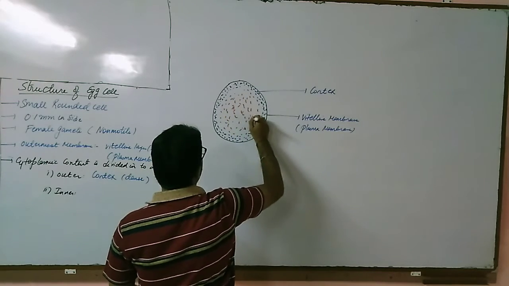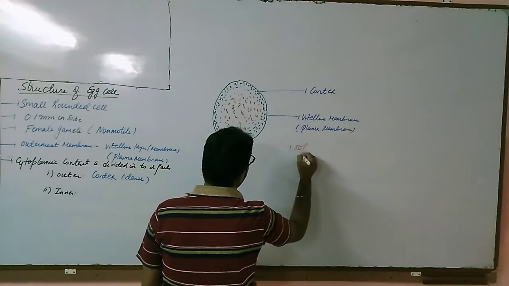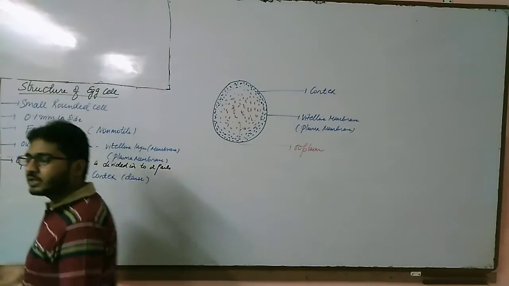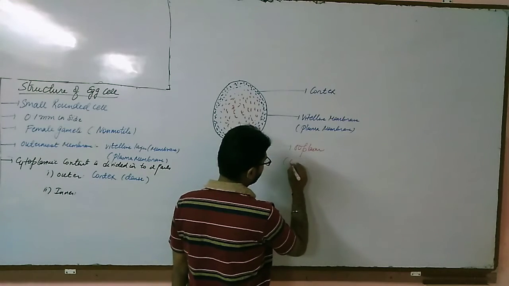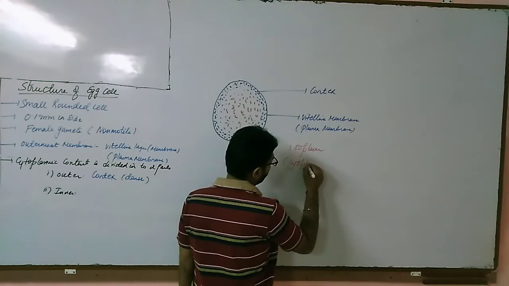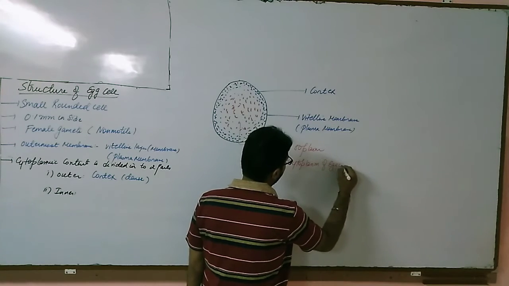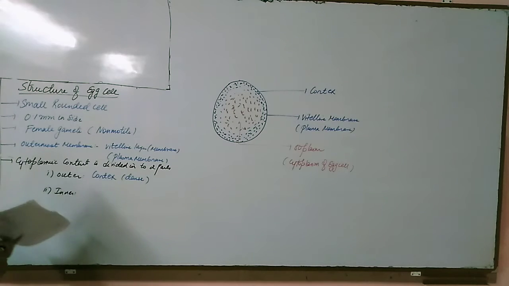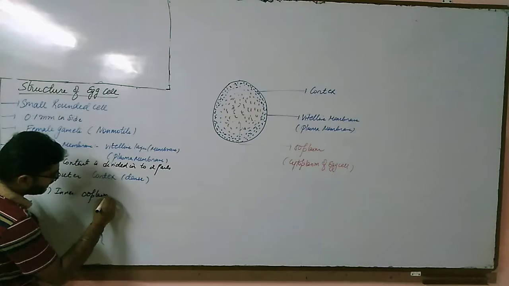So this structure that I am drawing with the red is basically ooplasm. Ooplasm, you can say, is the cytoplasm of the egg cell only, right? Now when I am using the word ooplasm, that means the inner layer.